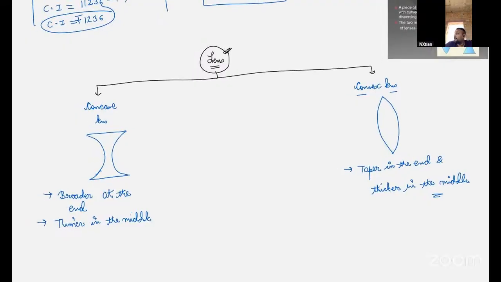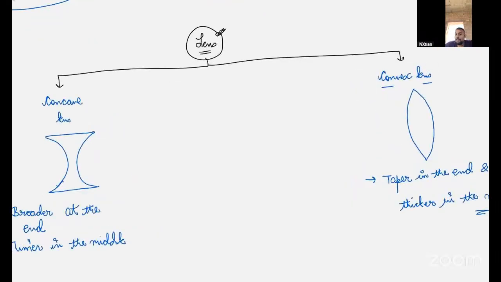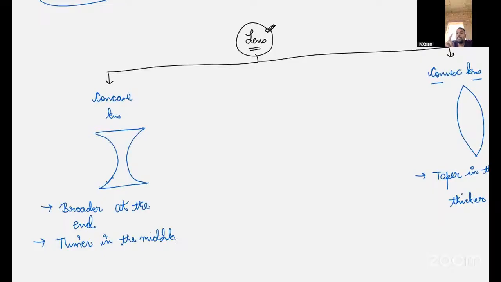Now, I would like to ask this question: which mirror is the converging mirror? Unmute your mic. Which mirror is called the converging mirror? Concave. Concave is the converging mirror. So in this also, concave is which lens?